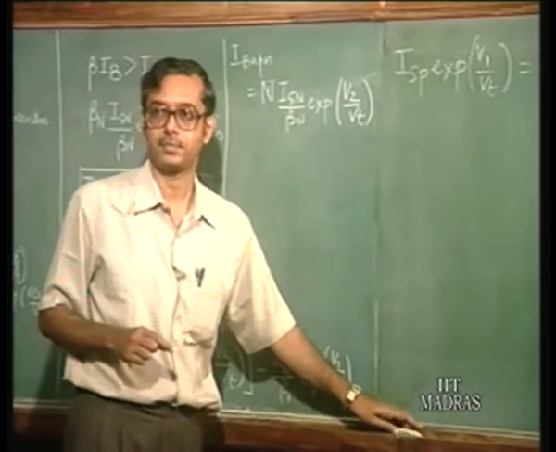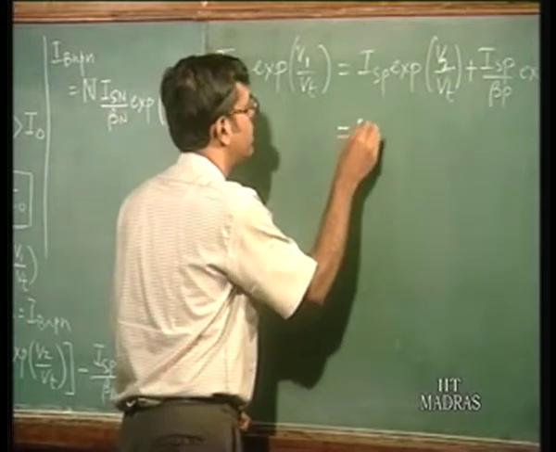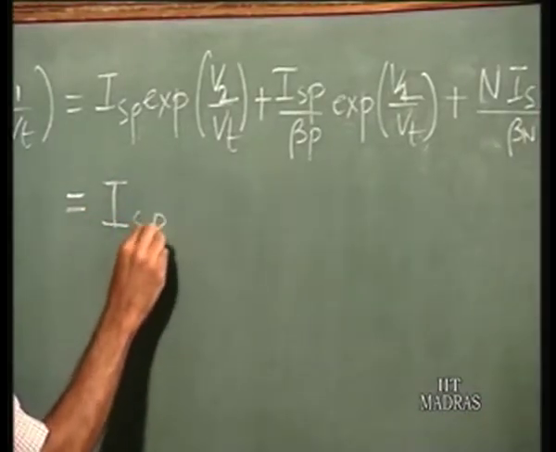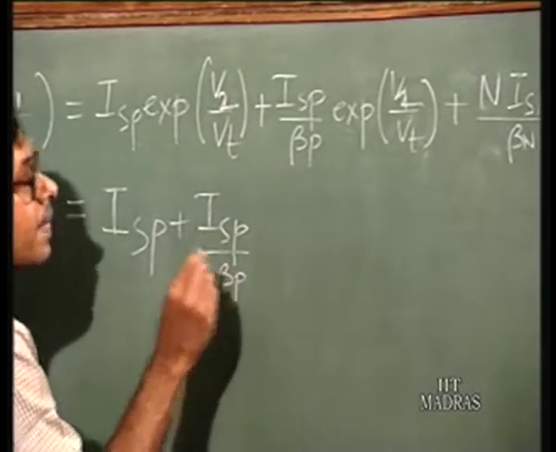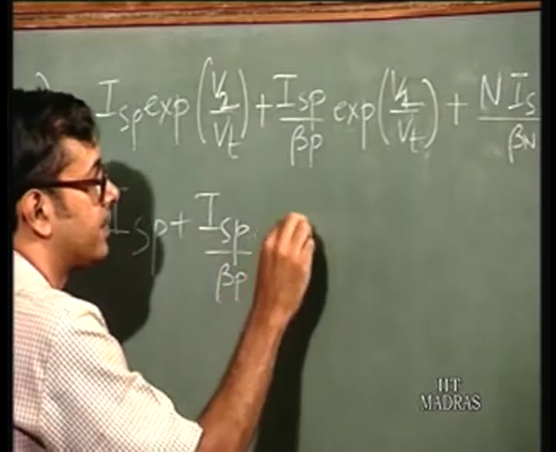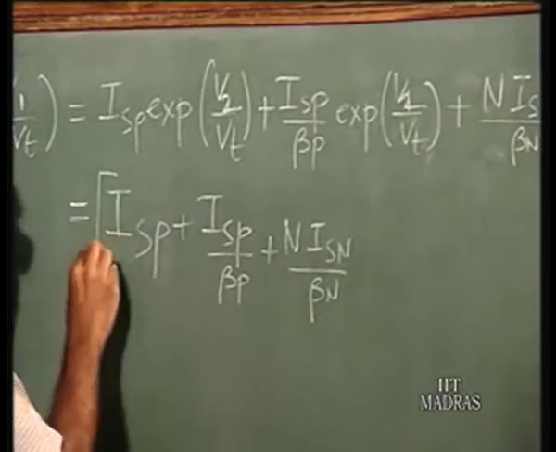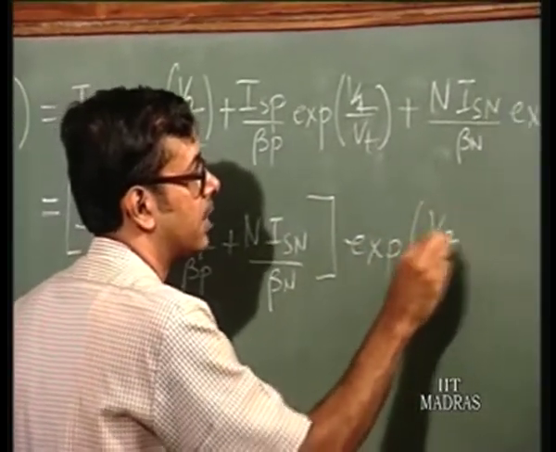Is it clear now? So, this is equal to, I can write, ISP plus ISP by beta p plus NISN by beta n, exponential V2 by Vt.